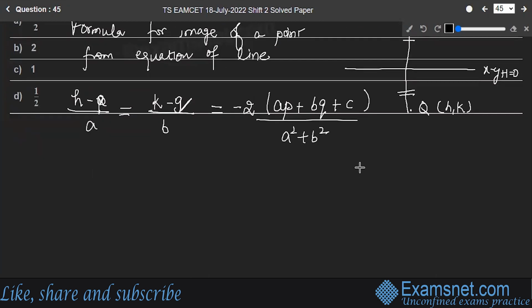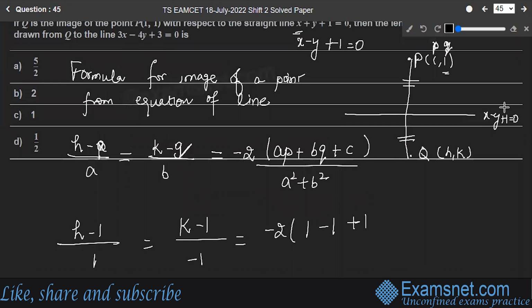Correct? Now here h I have to find out. p was 1, a is also equal to 1. This is equal to k minus 1, b is minus 1 in this case. This is equal to minus 2, a into p is 1, b into q is minus 1, c is 1 in this case. See, from the equation, a is the coefficient of x, so a is 1, b is the coefficient of y, minus 1, c is the constant, that is 1.